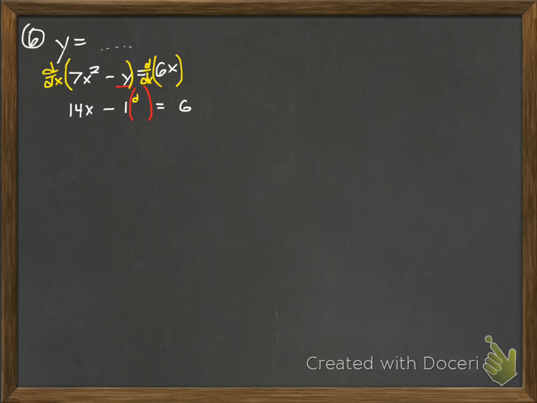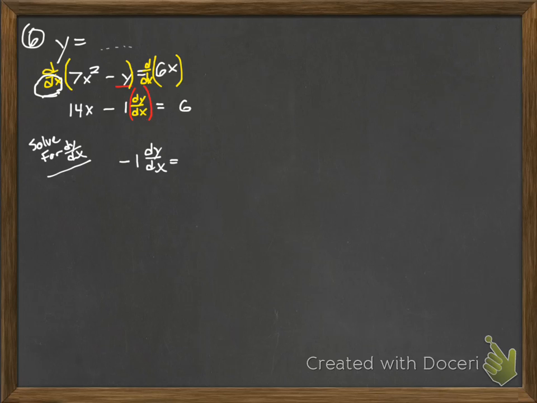So after that 1, I should have dy dx. That's the only other thing about implicit differentiation. Take the derivative as is, but anytime you take the derivative of a letter that is not the variable you see down here in the bottom, in this case x, we have to put d variable, in this case dy, over dx after that variable.